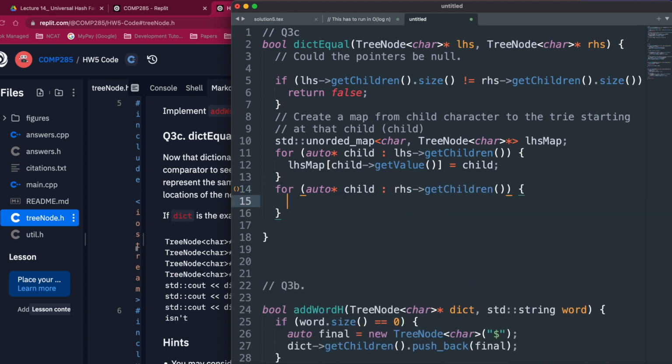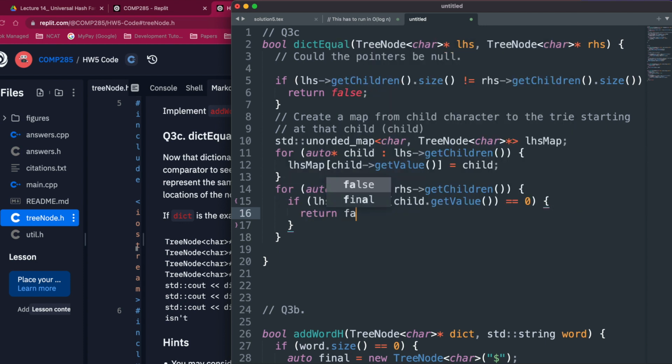Right? So they're equal. And we know the children are the same. So what we want to do is check to see if the left-hand side has a child with the same value, or let's say it doesn't have a child with the same value, then we're actually done.